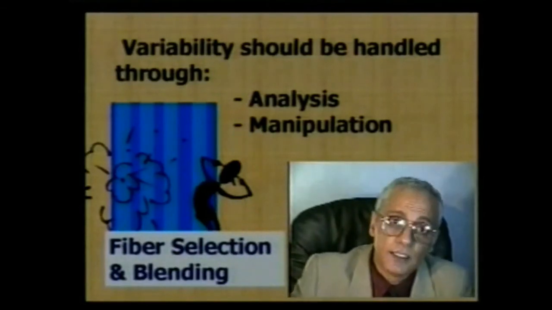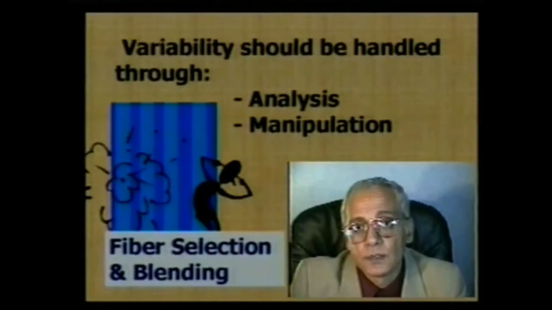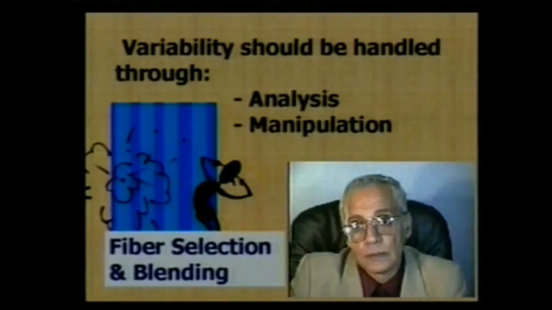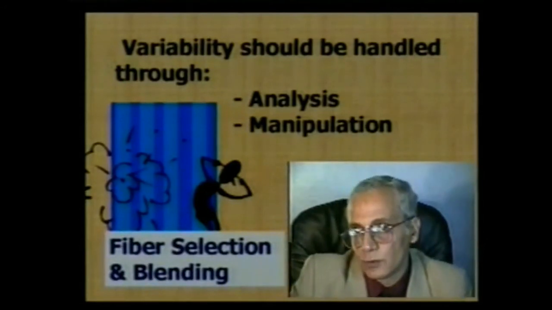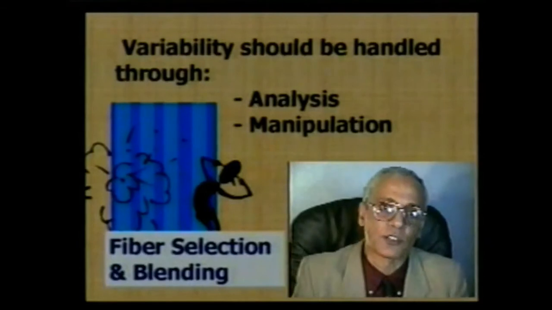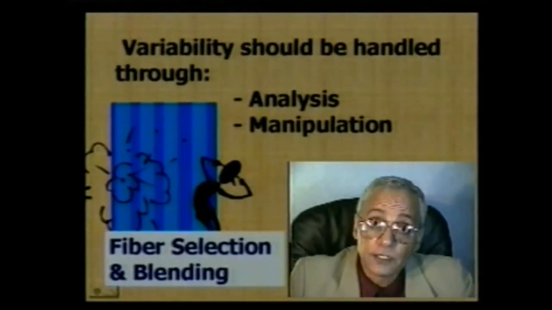This is the key to avoid chaotic changes that often happen. The yarn is okay today and then tomorrow there is a problem. Manipulation of variability. We have to have a system that is robust against chaotic changes. We will discuss that a great deal when we talk about fiber selection and the blending.